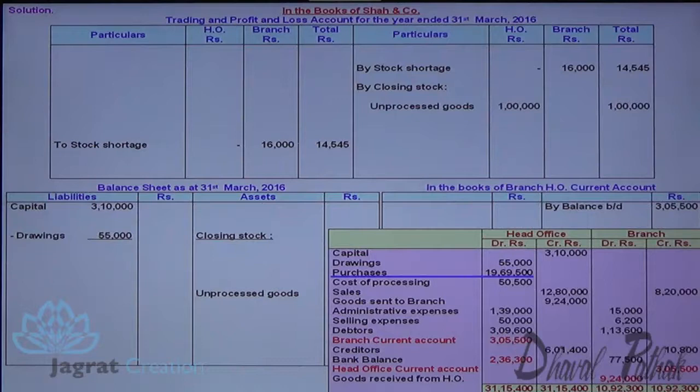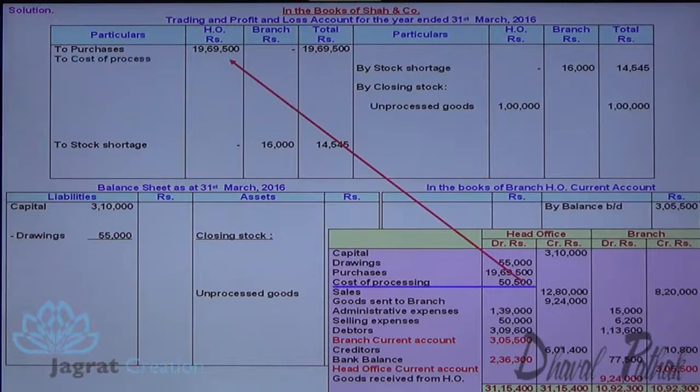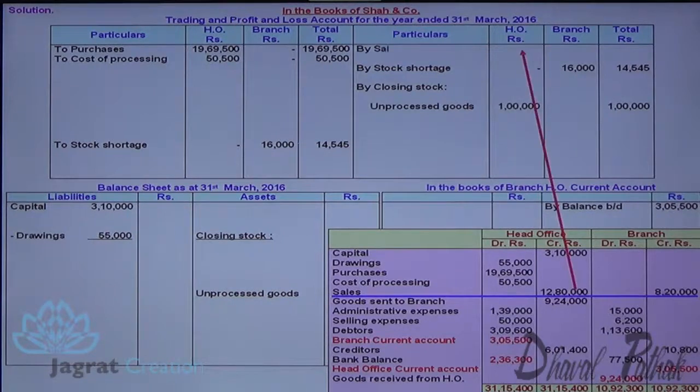Purchase of HO is debited in the trading account of HO. Cost of processing is debited to the trading account of HO. Sales of HO and branch are recorded in the trading account respectively.